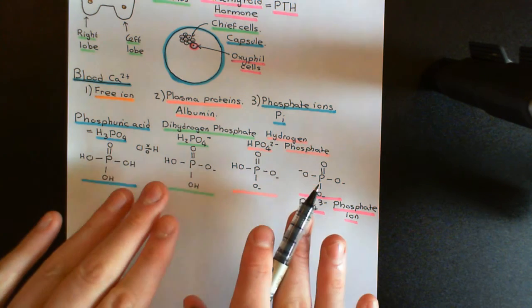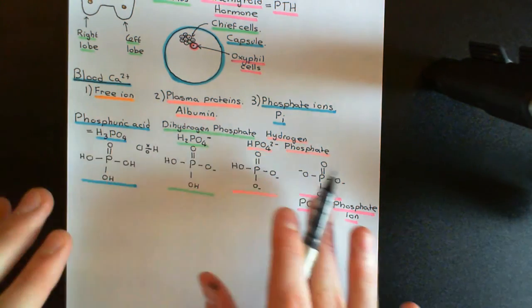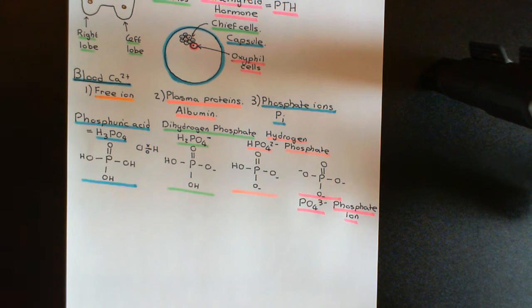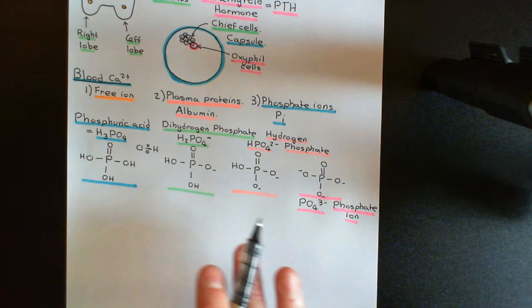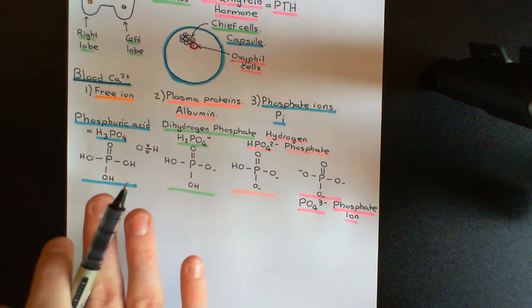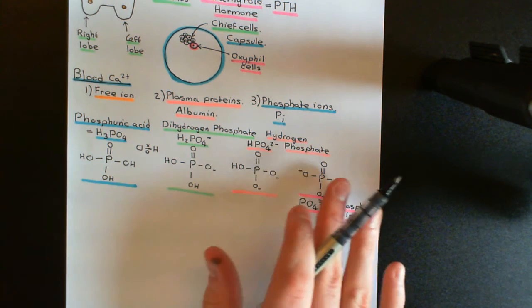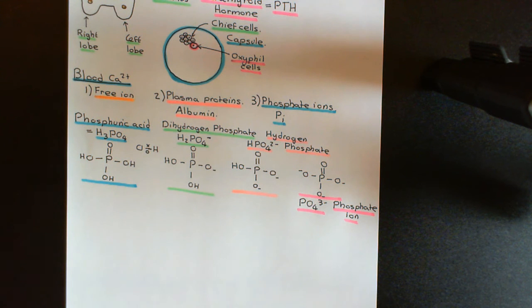So in the blood we have phosphate ions, and of course these will all be in dynamic equilibrium with one another. The equilibrium is going to be determined by the pH. If you've got a very high pH, that's very basic, very low concentration of protons, then all of them are going to end up going into this form here, because they're all going to end up donating their protons away into the solution, and they're not likely to get them back again because the proton concentration is so low.